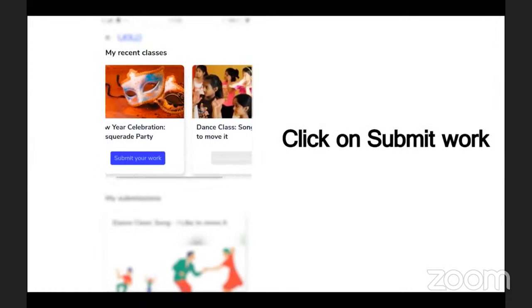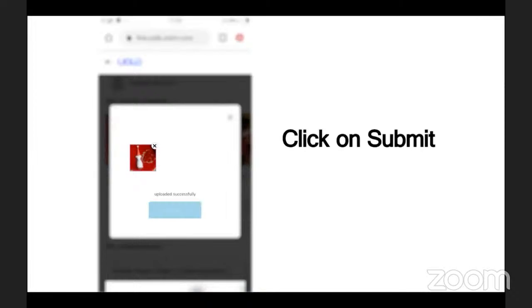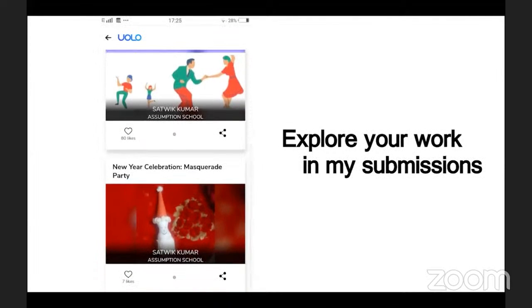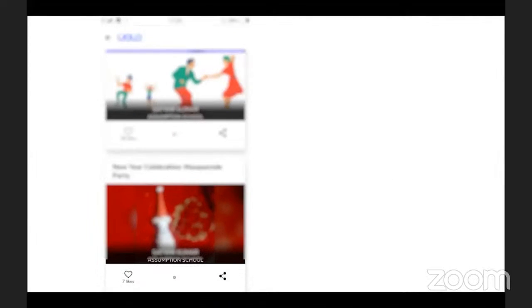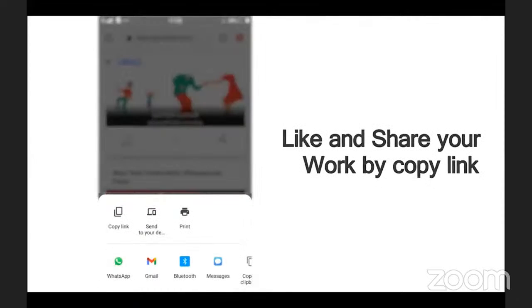Click on Submit your work. Upload image. Choose image and click on Submit. Explore your work under My Submissions. Like and share your work by copying the link.